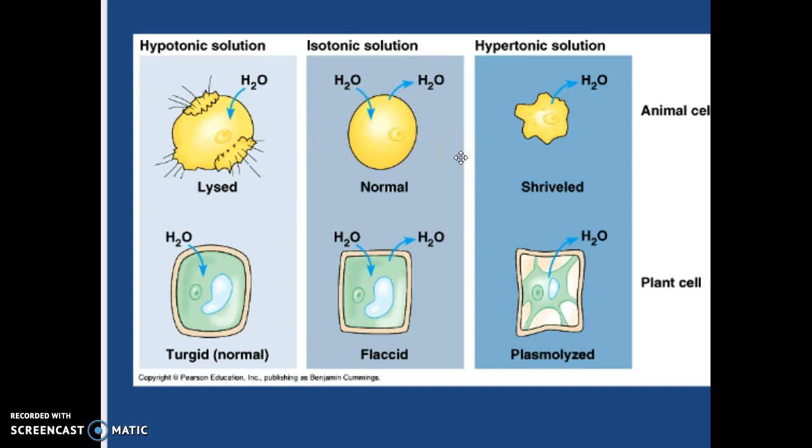So when we are treating a dehydrated patient, animal or human, right? If we give them pure distilled water, that hypotonic solution would make the red blood cells explode. Right?